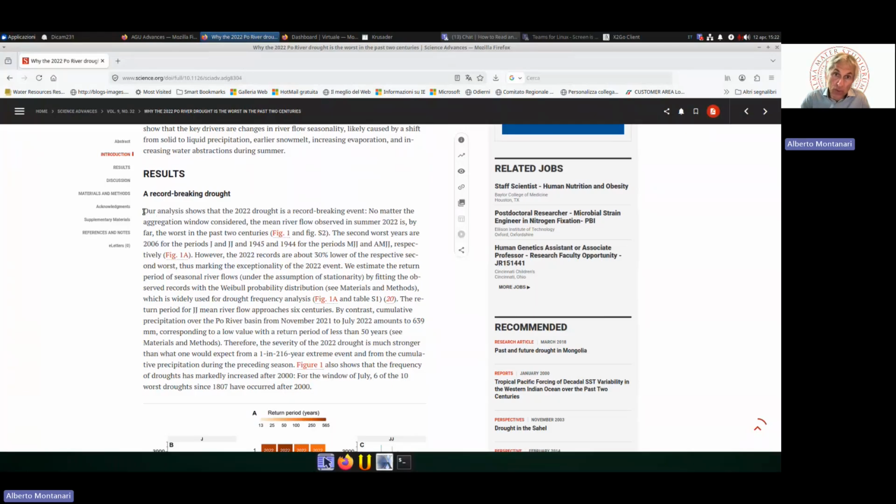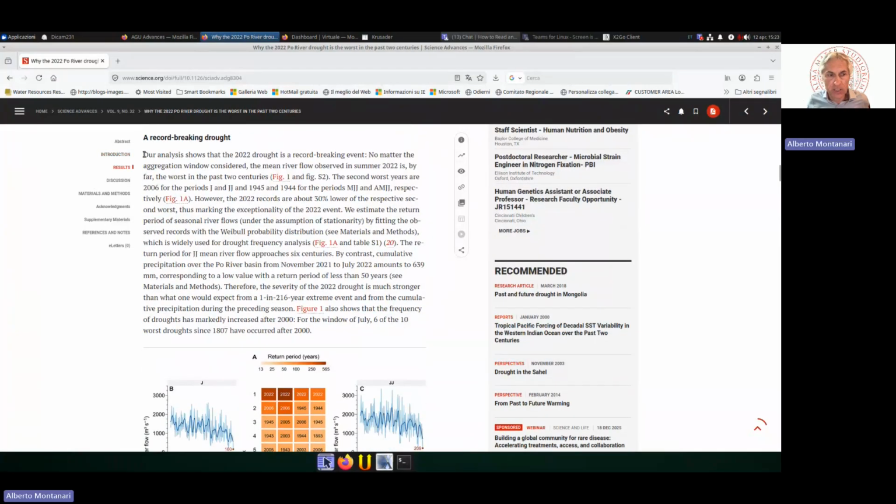More specific journals, for instance, scientific journals focusing almost exclusively on hydrology, prefer to give the detail of the methods first, because the very specific, very technical audiences are also very much interested in the methods and not only in the results. But in this case, we see that there is the section dedicated to the results.